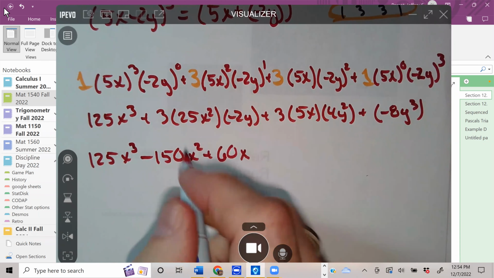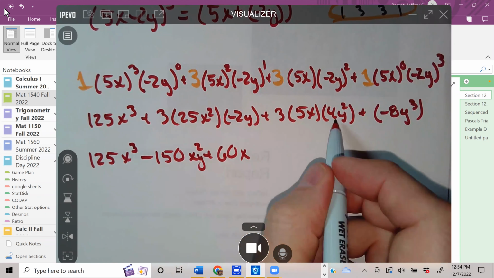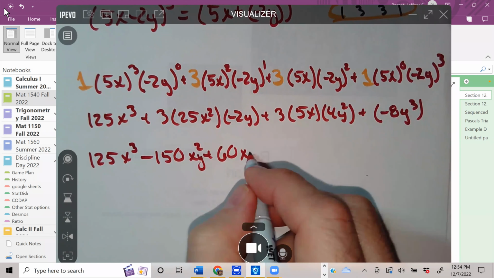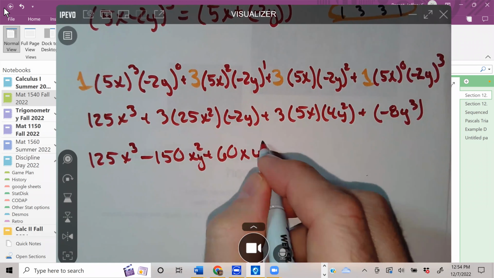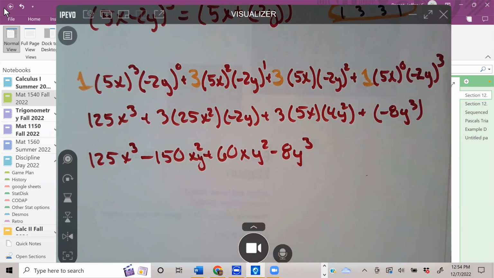I forgot a y here. There's a y in there. And then x, y squared, and finally minus 8y cubed. There we go. I think a lot more user-friendly than having to multiply it out and collect like terms.